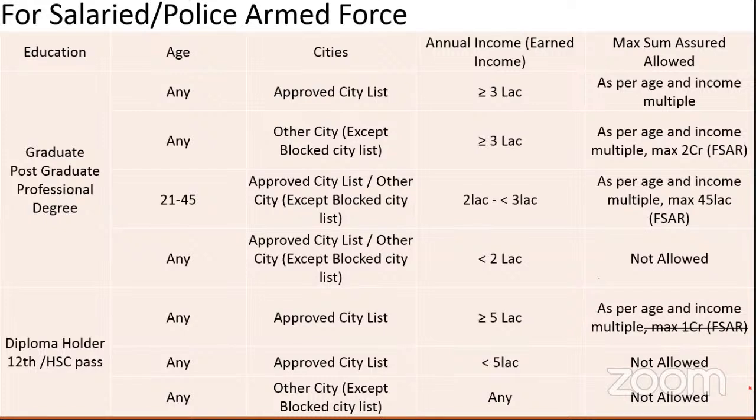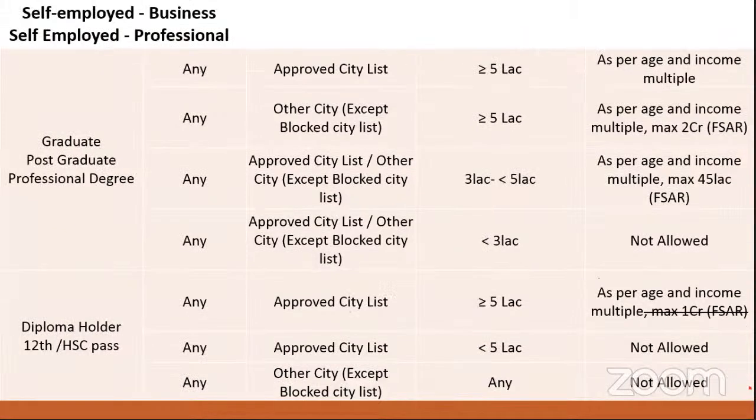So in terms of minimum income requirement, Aegon Life is most flexible in this. So again, you'll be checking from the chart I'll be providing.